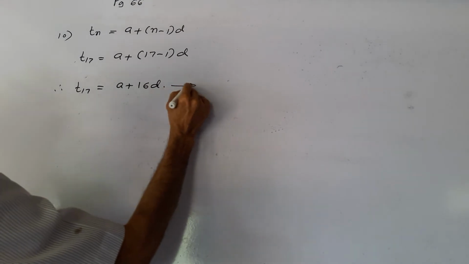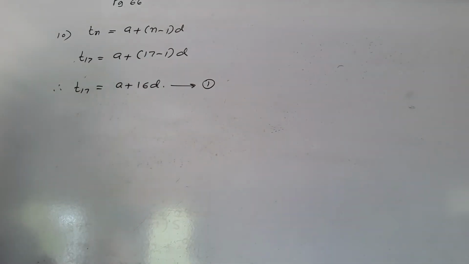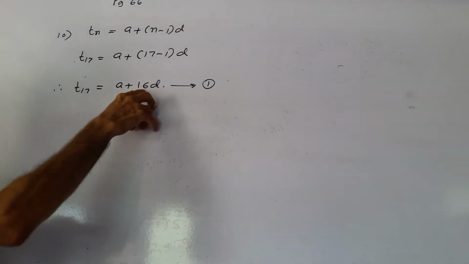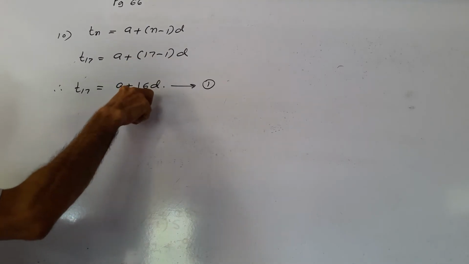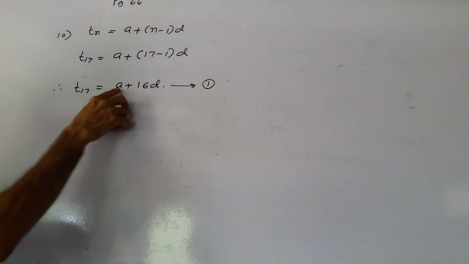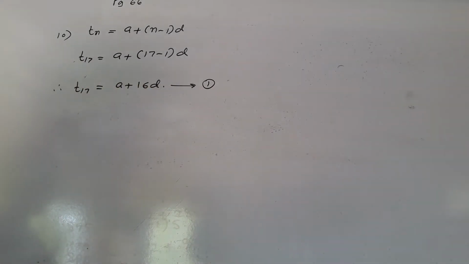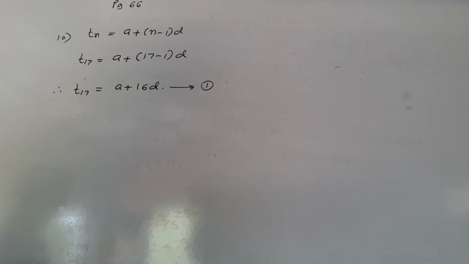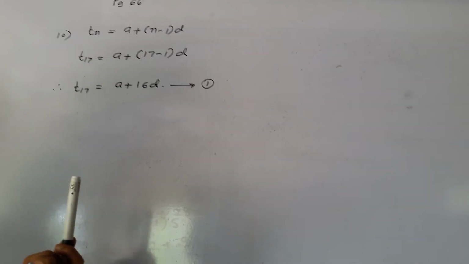Keep in mind that if any term is asked, subtract 1 from n, and that is the coefficient of d. For the 17th term it is a plus 16d; if the 10th term is asked, then a plus 9d.